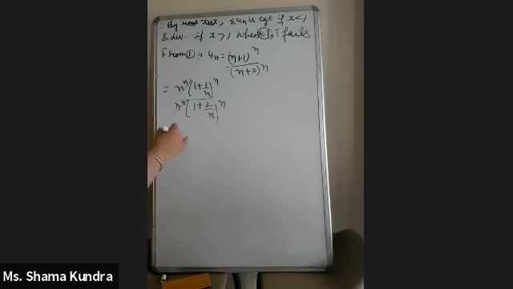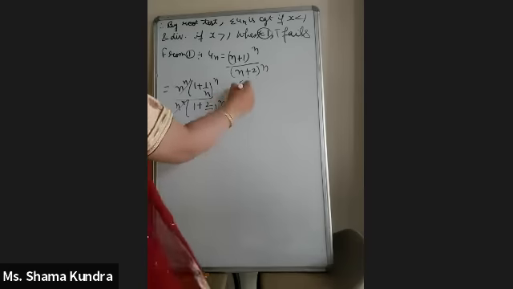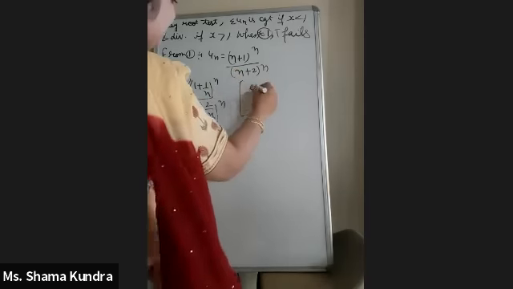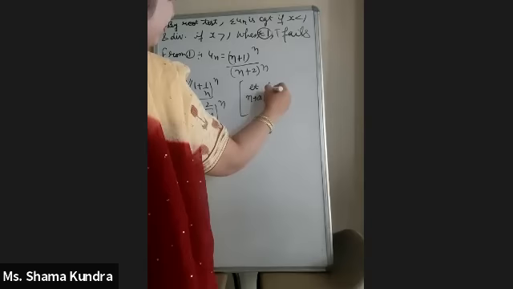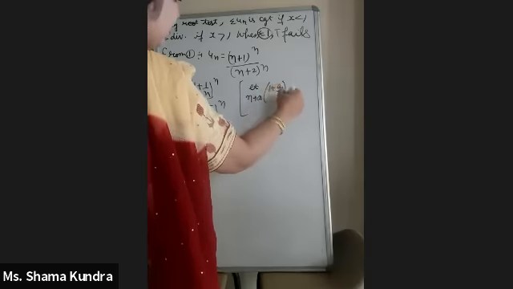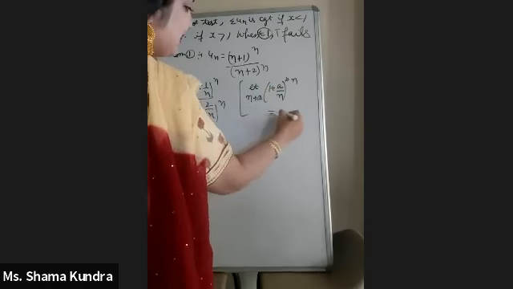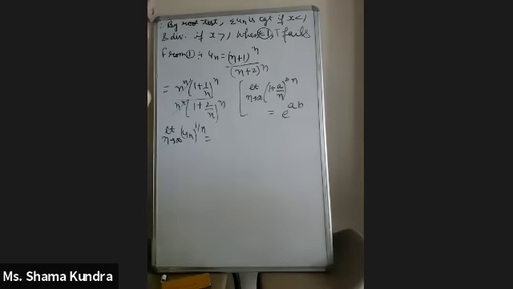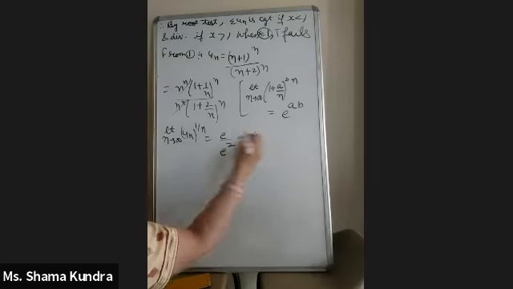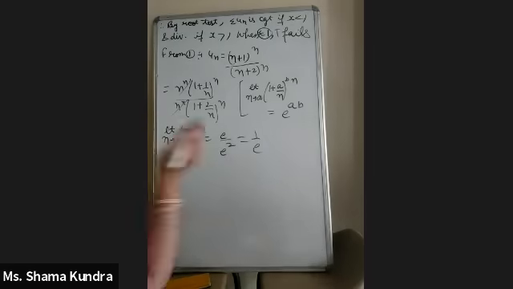Take limit. We know the result. It is e raised to power ab. So when we apply the limit, it will become e. When we apply it over here, it will become e square. One e will get cancelled out, which is not equal to 0.